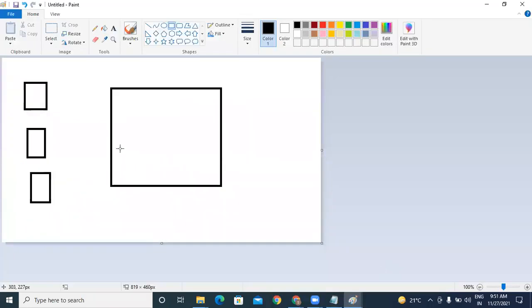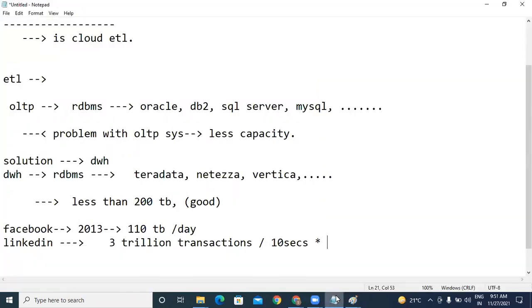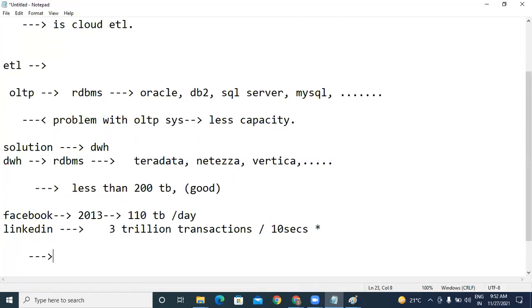But the question is, now you understand about OLTP systems and warehouse systems, but these regular warehouse systems like Teradata, Netezza, Vertica are good up to what? 200 terabyte. If data volume has already crossed 200 terabyte, then they go for special systems like Hadoop. In Hadoop, there is a special file system called HDFS.